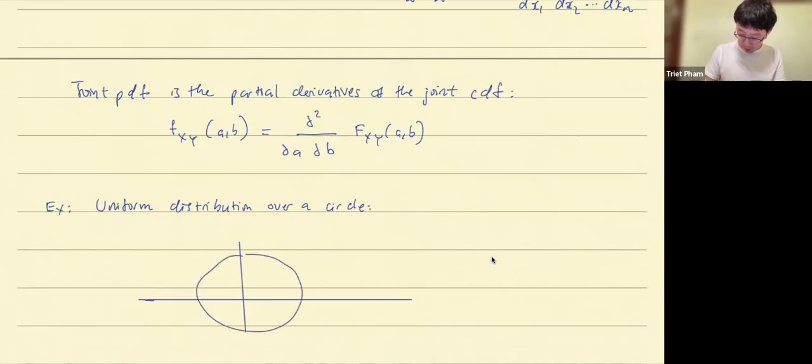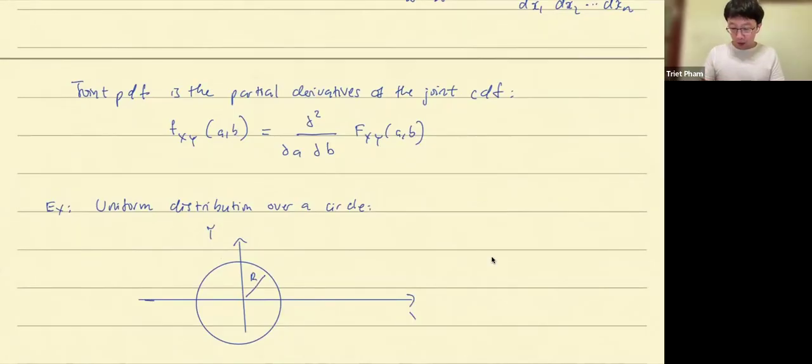Suppose we have a circle, and I should draw it a little better. So we have a circle centered at 0 with radius r.